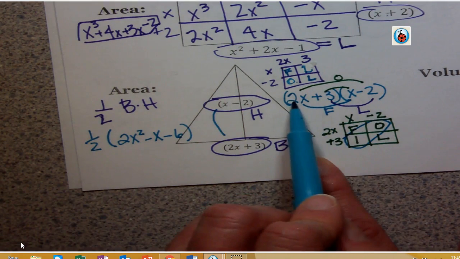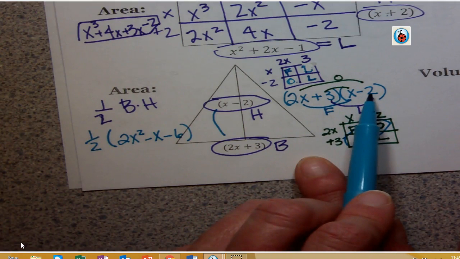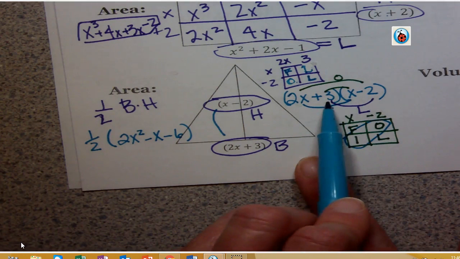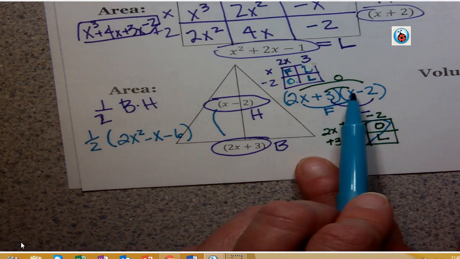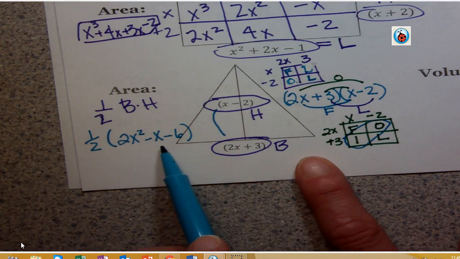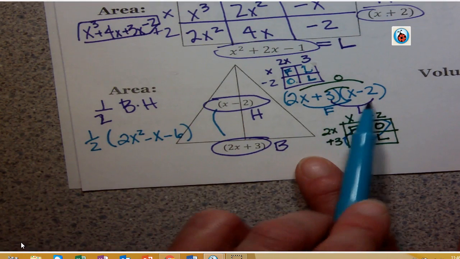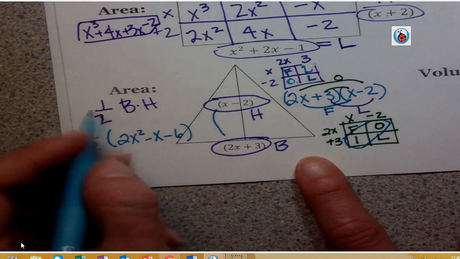The outside terms, 2x times negative 2 is negative 4. The inside terms is positive 3x. When we combine those together, we get negative x. Then the last terms are 3 and negative 2.